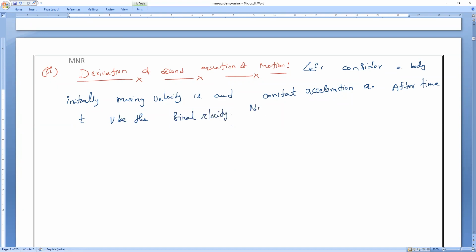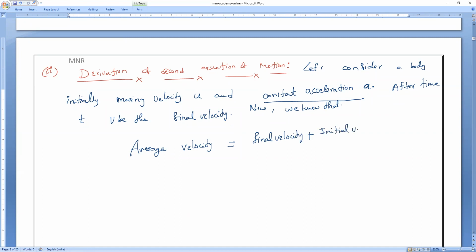So we know the average velocity for constant acceleration: final velocity plus initial velocity, divided by 2. So we take V average equals (v plus u) by 2.